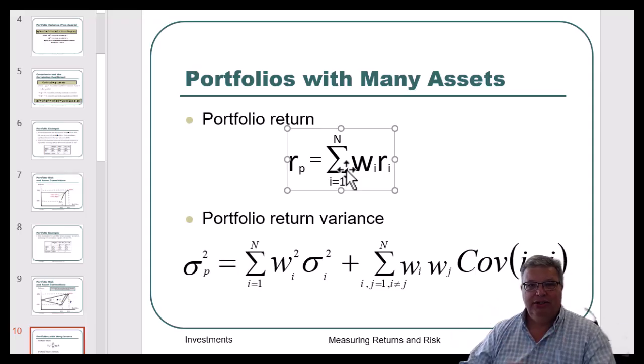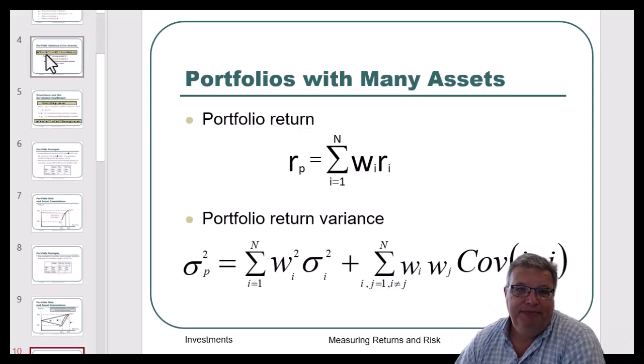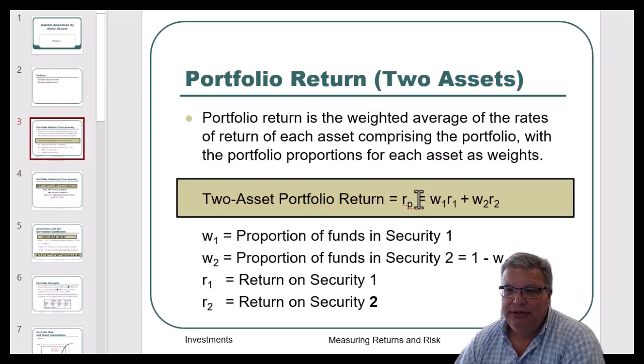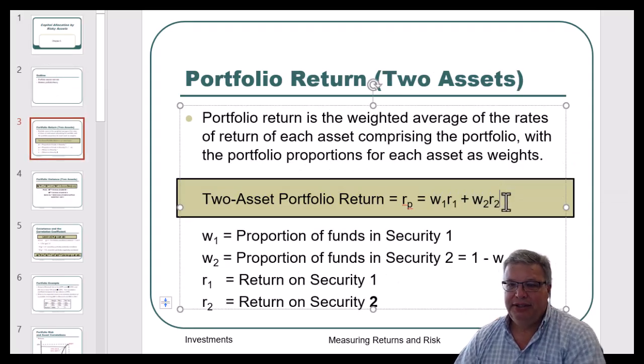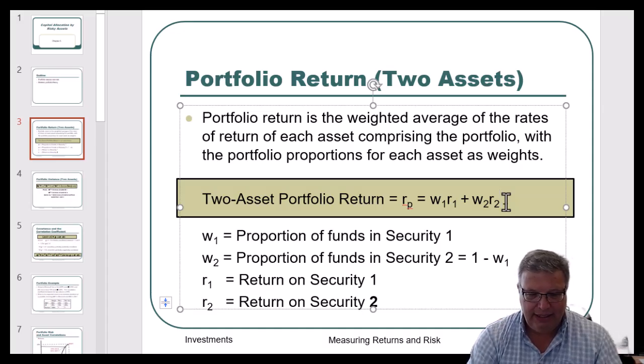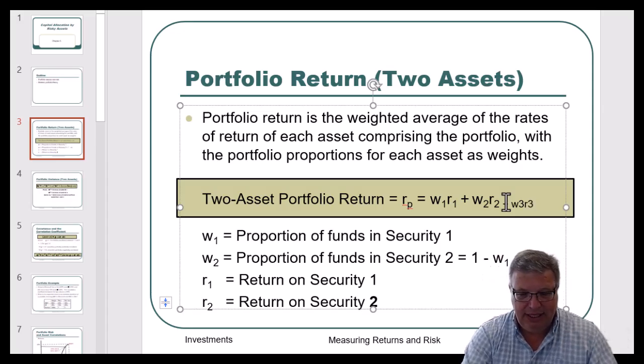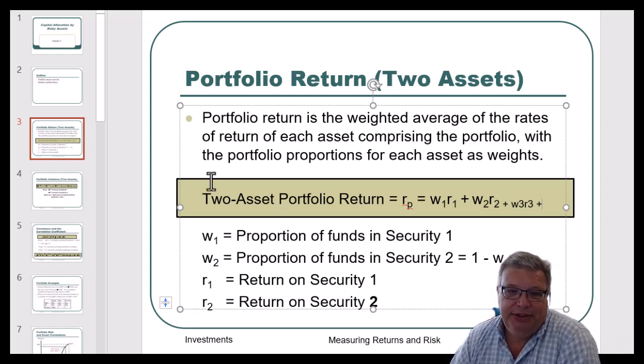So that return equation that we did way up here, this one, right? We just add another term every time we add another stock, right? So this would be like W3 times R3 or something like that, right? And you just keep doing that. You just keep adding more and more of those securities.